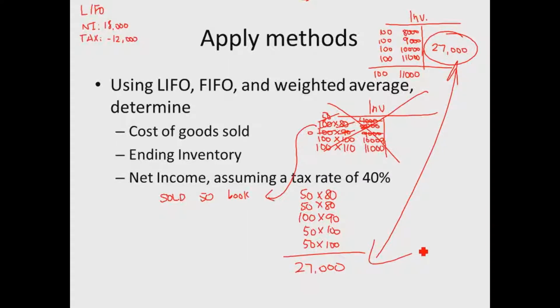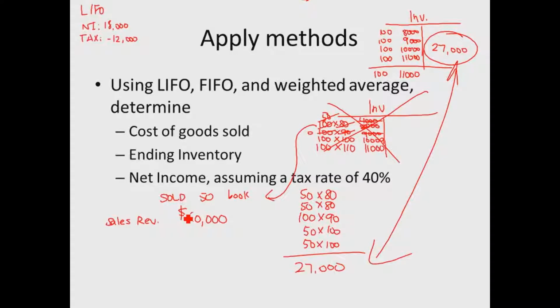Now, what would my sales revenue be for this company? Right, nothing has changed. I sold books. How much did they cost me? They cost me $27,000. How much did I sell them for? Did it matter whether I used FIFO or LIFO? No, you all came in and paid $200 a book.